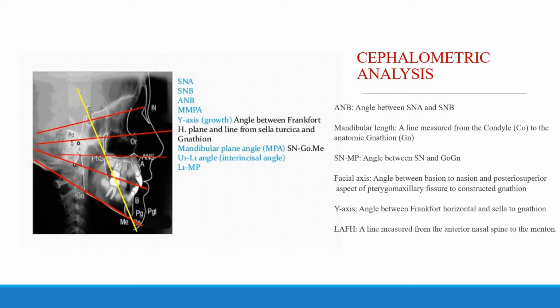Facial axis is the angle between basion to nasion and the line from the posterior superior aspect of the pterygomaxillary fissure to construct the gnathion. Y-axis is the angle between Frankfurt horizontal and sella to gnathion. And the lower face height is the line measured from the anterior nasal spine to the menton.